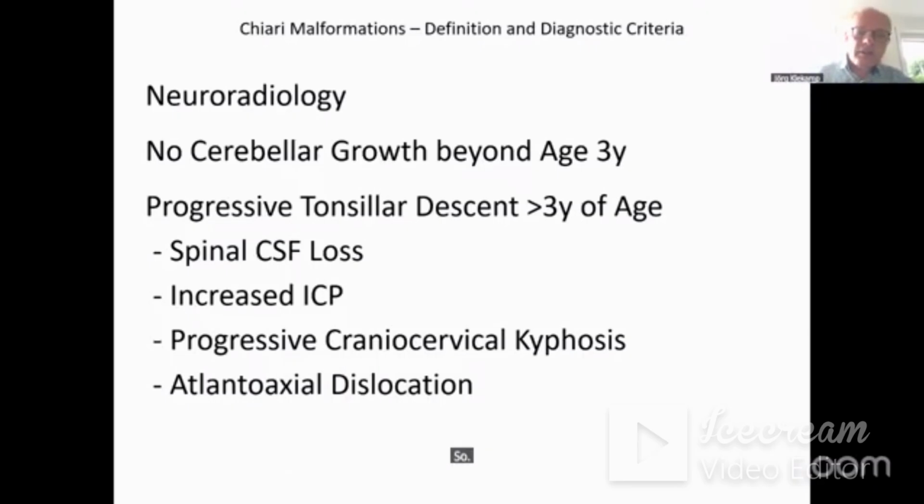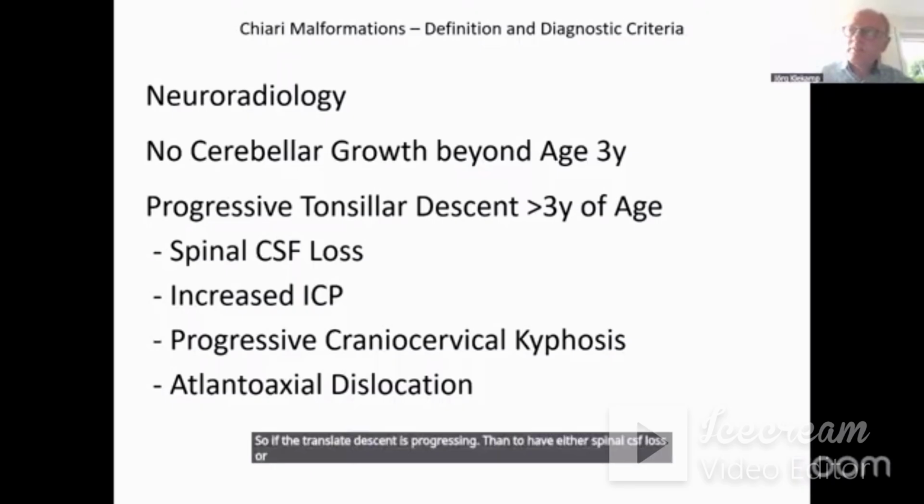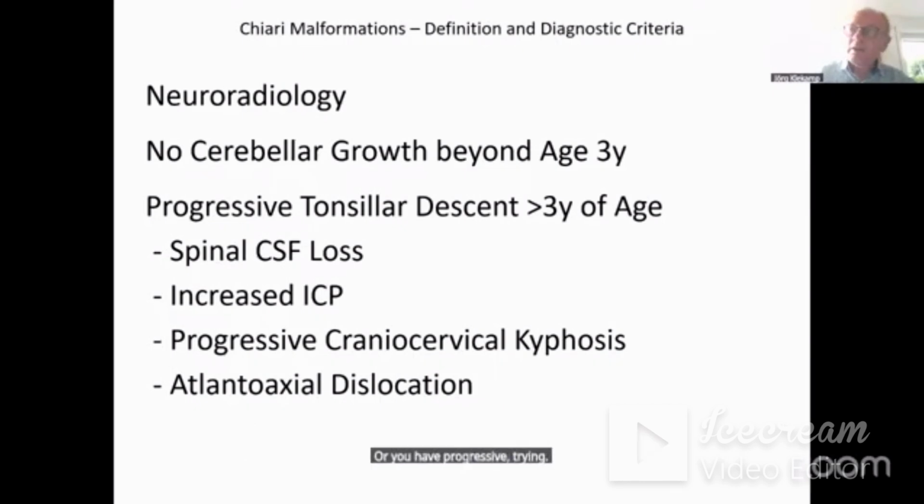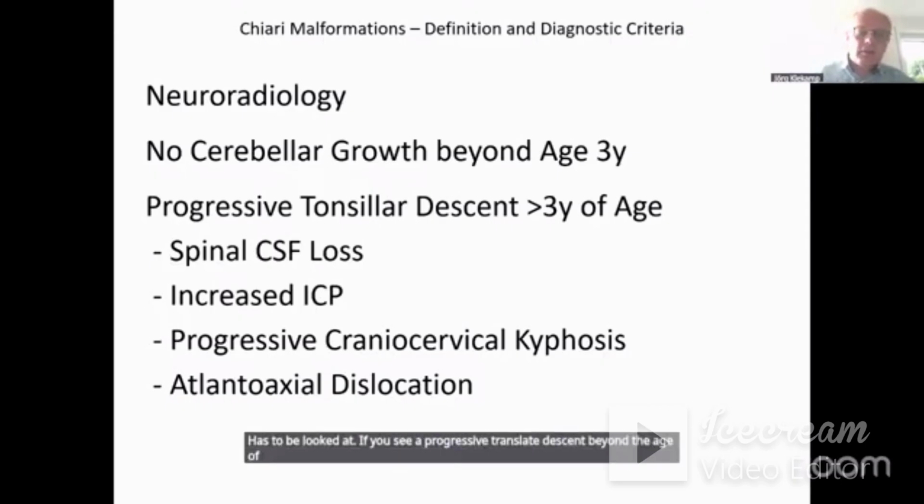So if the tonsillar descent is progressing, then you have either spinal CSF loss or an increased ICP from hydrocephalus or a posterior fossa tumor, or you have progressive craniocervical kyphosis or atlantoaxial dislocation. So this has to be looked at if you see a progressive tonsillar descent beyond the age of cerebellar growth.